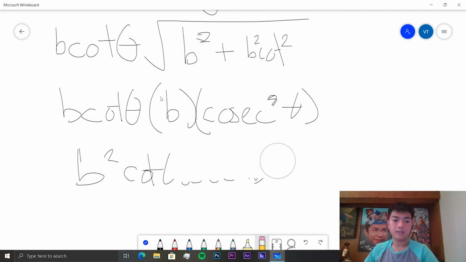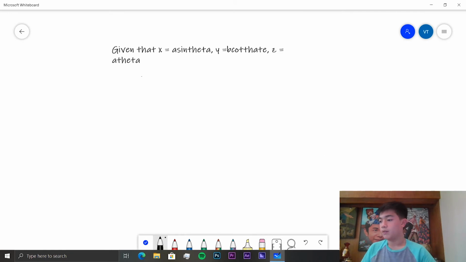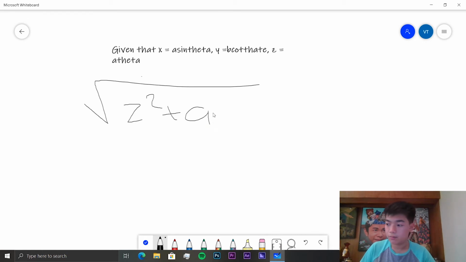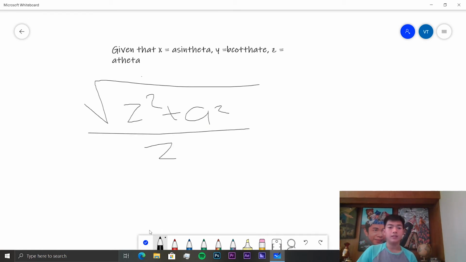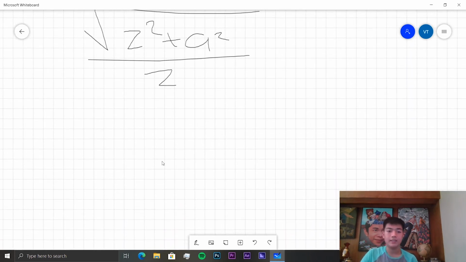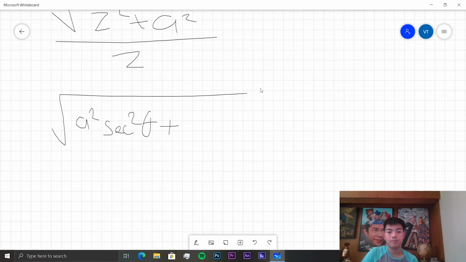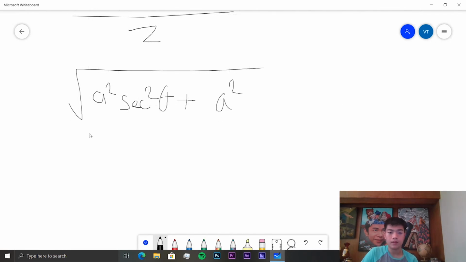The next formula we need to simplify is the square root of z squared plus a squared, over z. So we know this is the square root of a squared secant squared theta plus a squared, all over a secant theta.